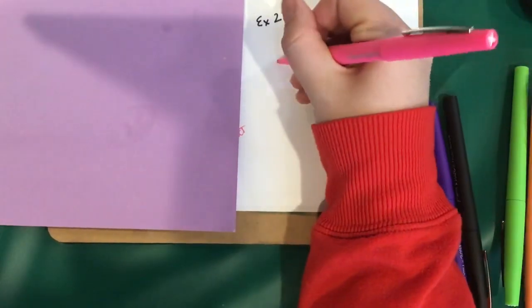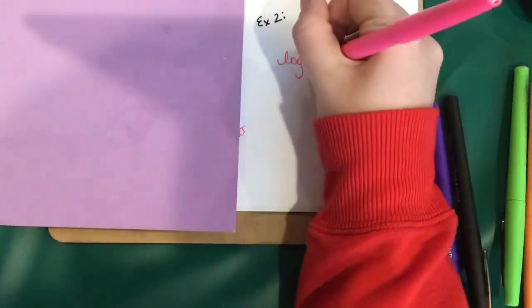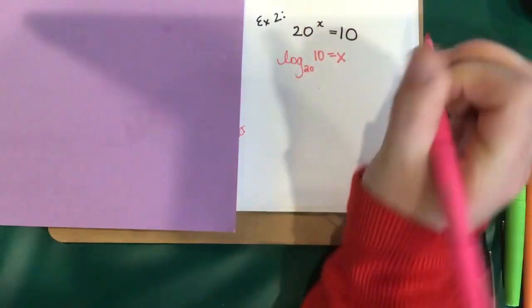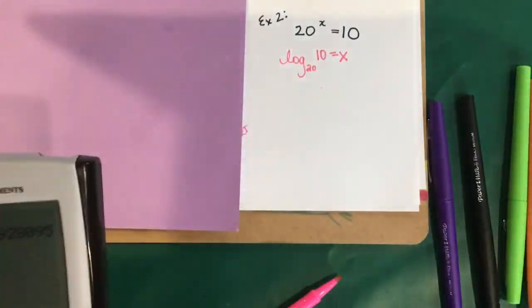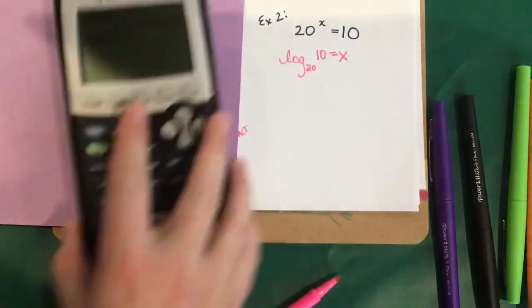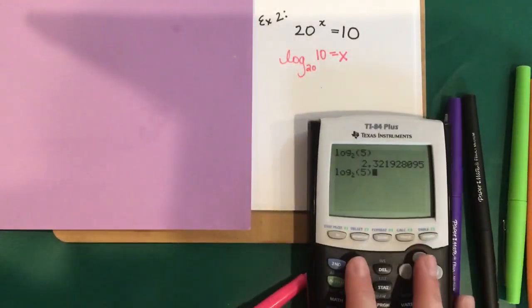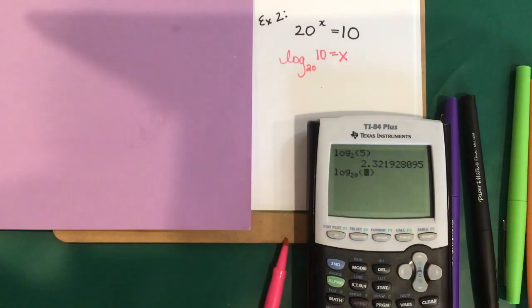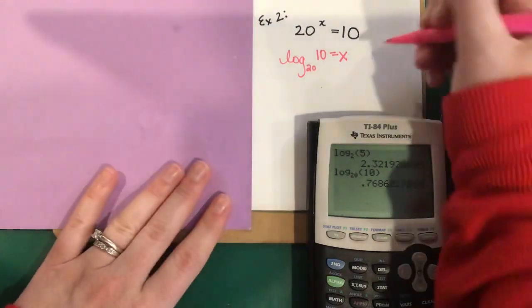Now, if I just rewrite this in logarithmic form, I get log base 20 of 10 equals x. And we get 0.769.